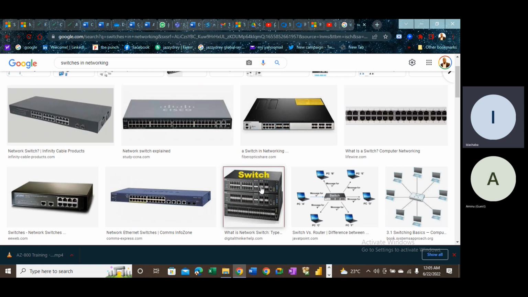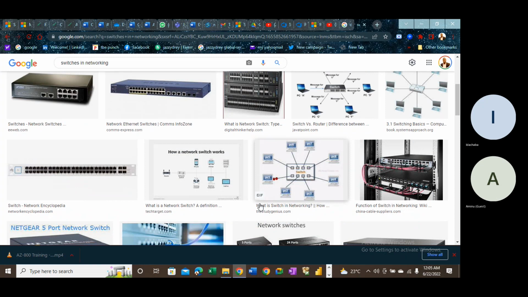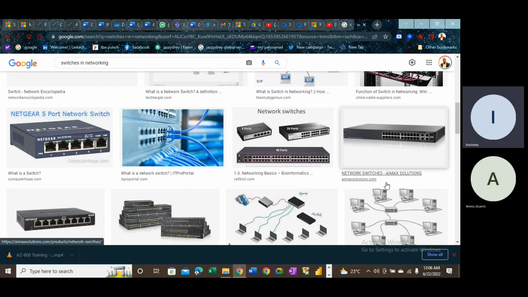Of course, your switches too can be arranged in a rack. Do you still remember your rack? So basically, this is how they look on a rack.